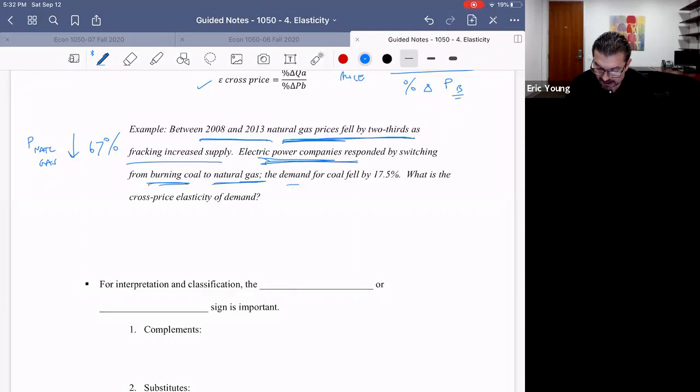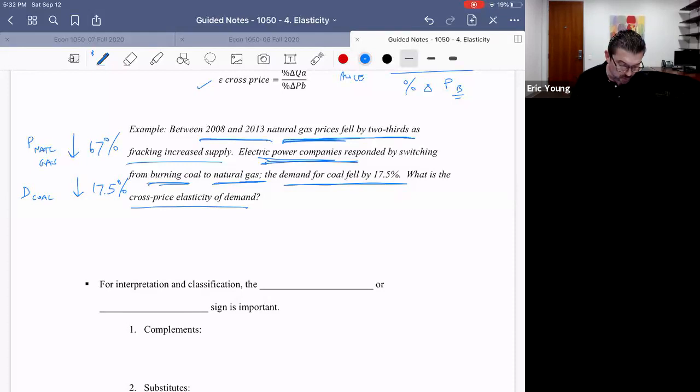In fact, the demand for coal fell by 17.5%. So we would say that the price of natural gas fell by 67%, and in response, the demand for coal fell by 17.5%. With that data, we can calculate the cross-price elasticity of demand.